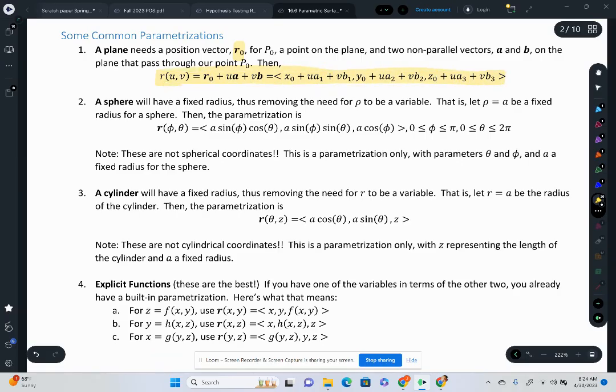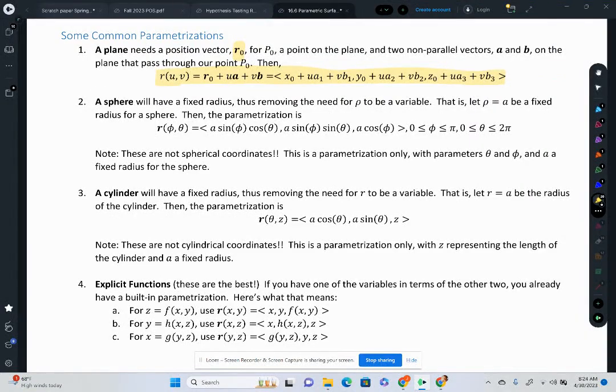So if we have two vectors that are on the plane and not parallel to each other, and we have a point r naught or p naught on the plane that we can represent with r naught, then the equation of a plane is just r of u, v equals r naught plus uA plus vB. Technically, you can switch the A and the B around. That doesn't really matter. B could go with u and A could go with v, but in general, this is our form.